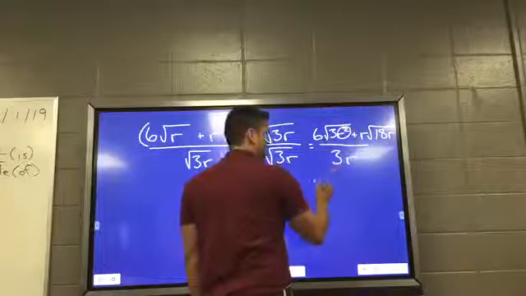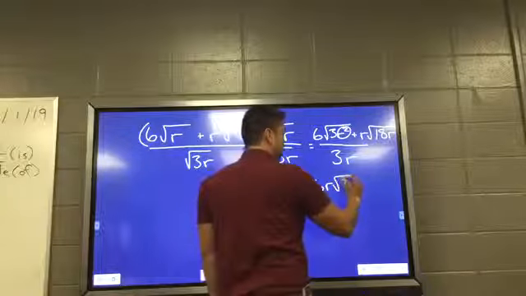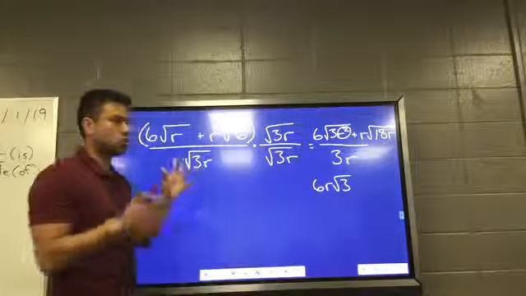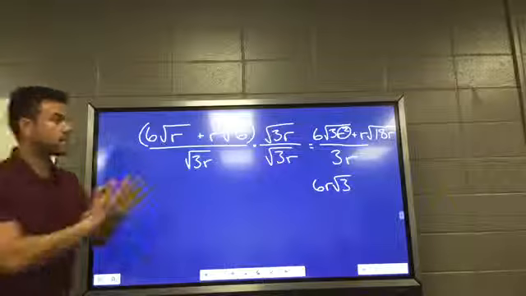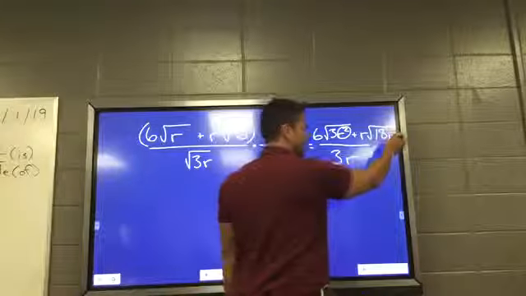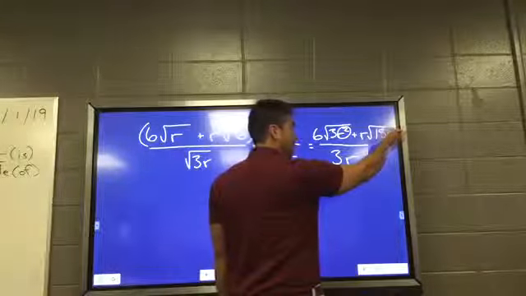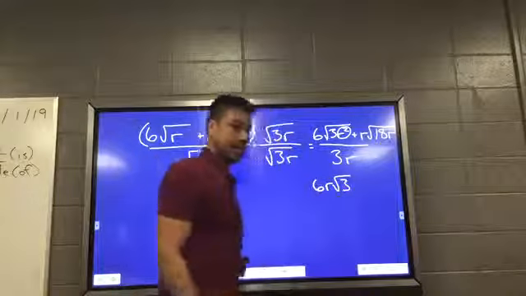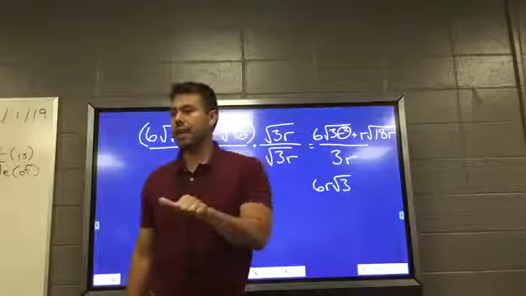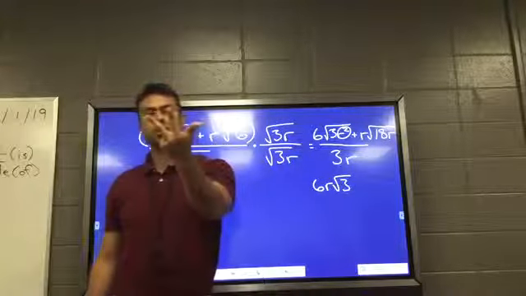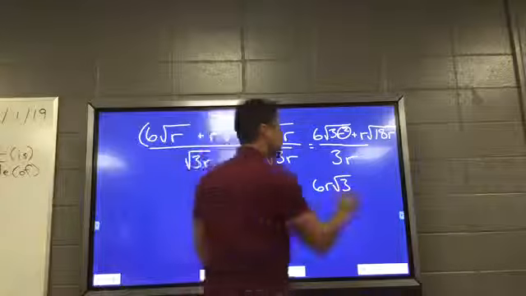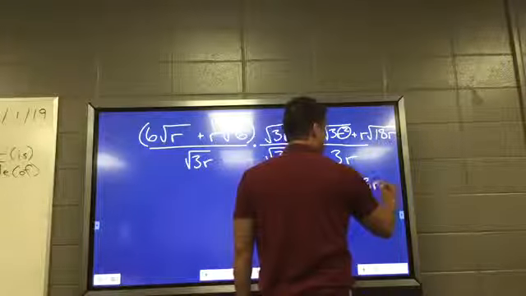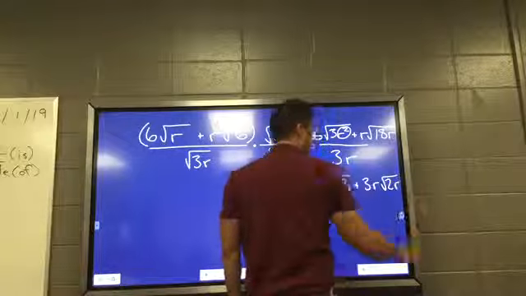Yep, then r. So you get 6r times the square root of 3. That's the first term simplified. In the second term, r does not come out because there's only one. But what can come out of the 18? What does 18 factor into? 2 times 3 times 3. So a 3 can come out. So you're left with 3r times the square root of 2r, right?